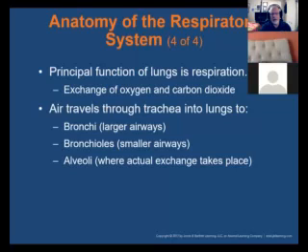So when I say reactive airway disease, the smooth muscles of those bronchioles react to some sort of stimulus or maybe a trigger we'll talk about in a few minutes with asthma, and that changes the inside diameter of the bronchioles. So it reacts to something in the environment or something internally.